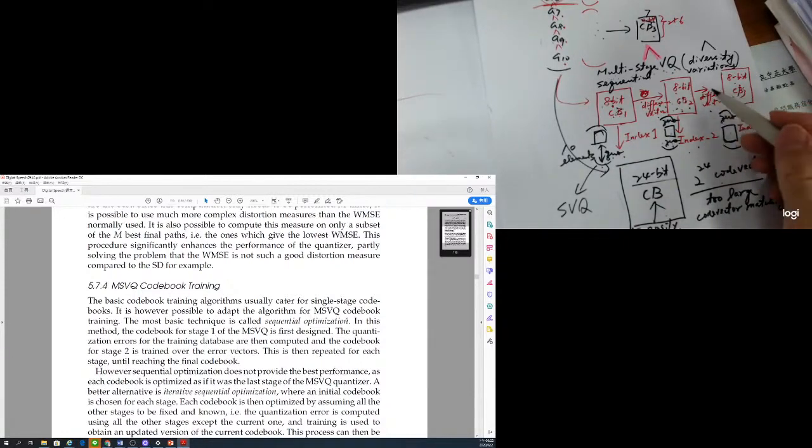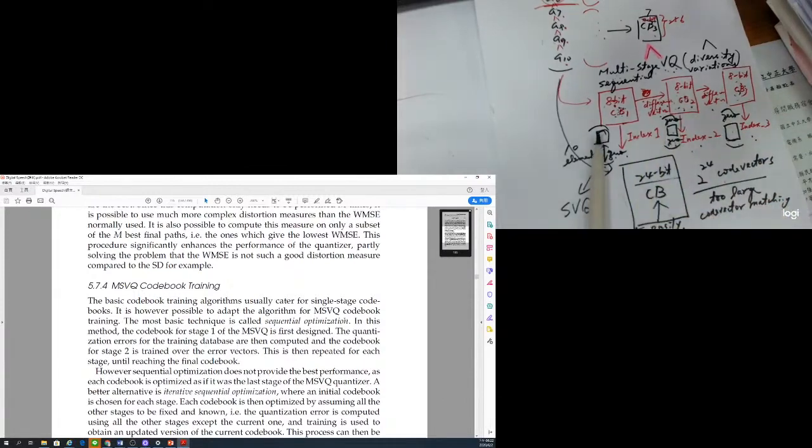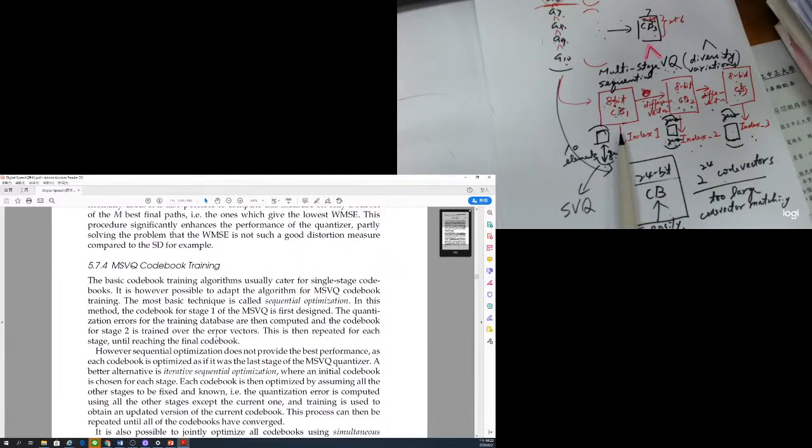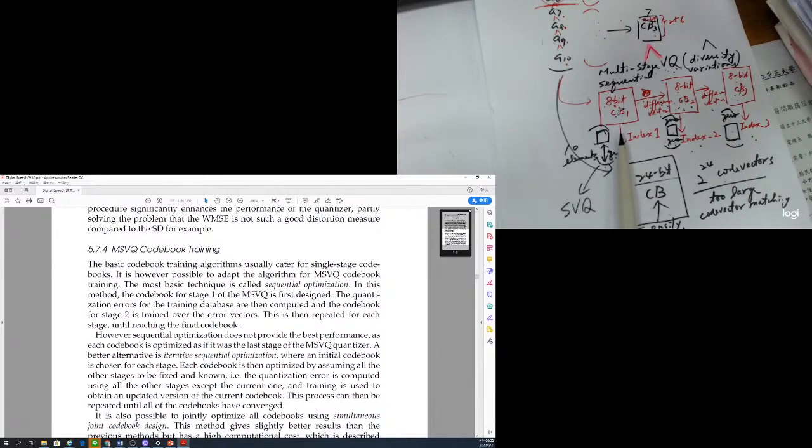According to that second-order difference vector, we design the codebook using k-means. So this one is like a sequential design, a sequential optimization. However, sometimes this kind of codebook design maybe is not good, so maybe you can consider iterating.